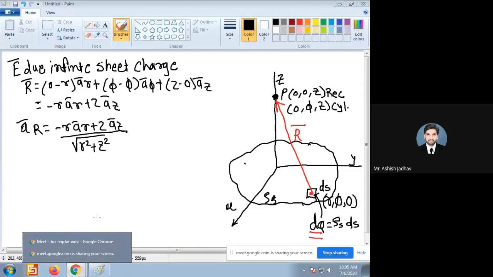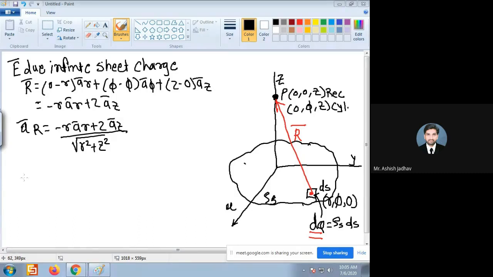So next step is to find the differential electric field intensity. This step we have already written. dE bar is equal to what we can write: dQ upon 4 pi epsilon naught r square a bar r.